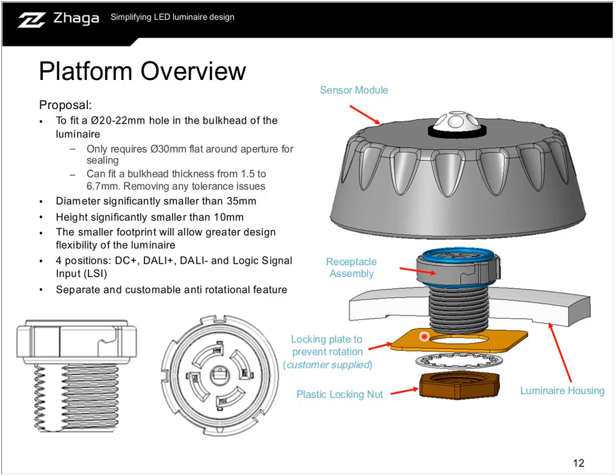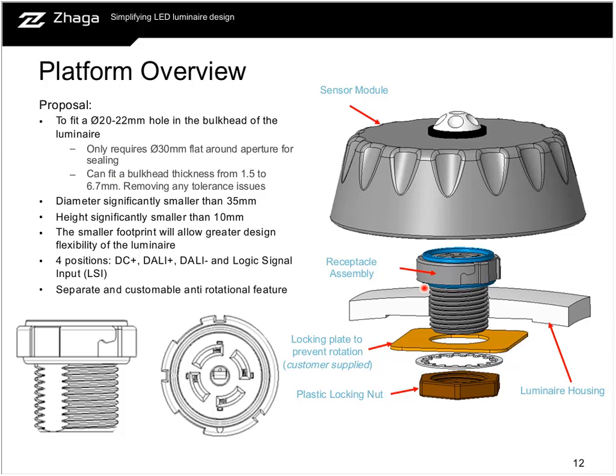You can see on the screen this threaded part of the receptacle, and that means that we can allow bulkhead thicknesses from 1.5 to 6.7 millimeters, and possibly removing any tolerance issues that you might have with the thickness of the luminaire.